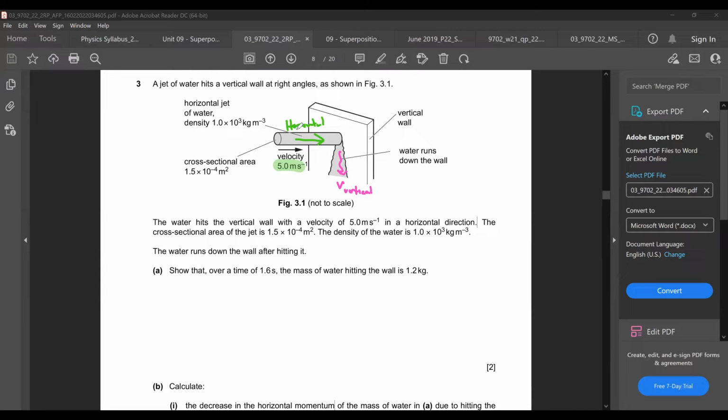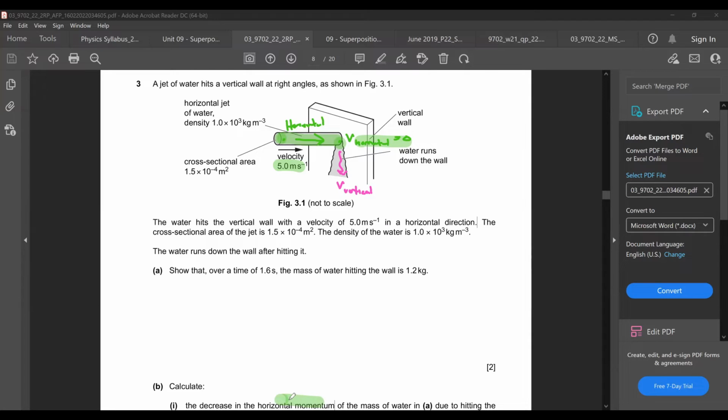Once it hits the wall, from here to here, your horizontal velocity is going to be 0.